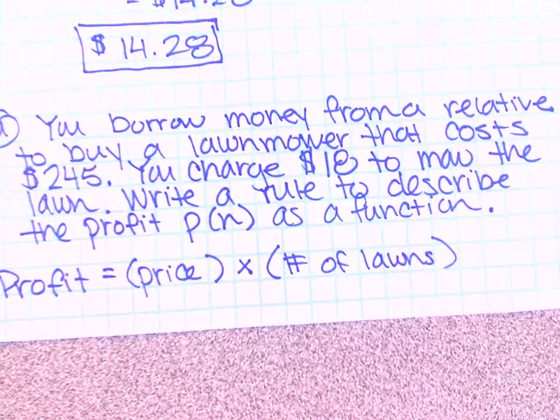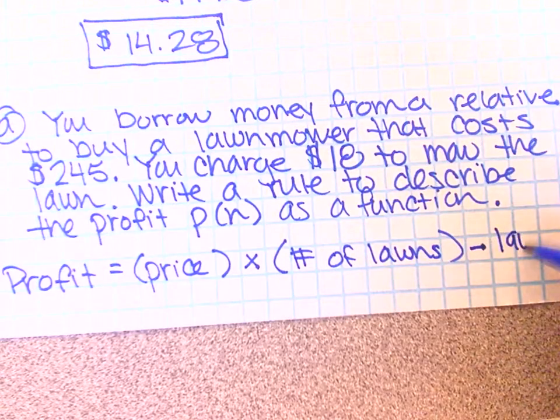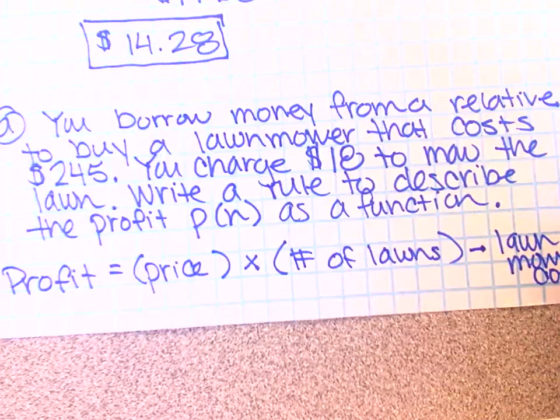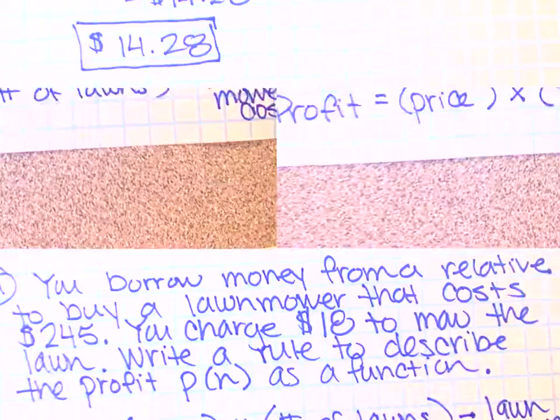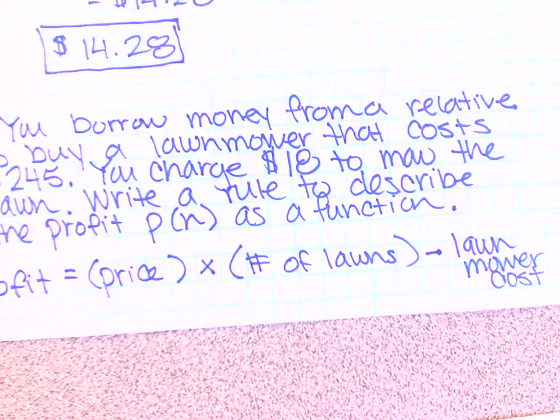So I can do $18 times however many lawns I'm going to mow, minus the $245 I spent on my new lawnmower. So you're going to subtract the lawn mower cost. Profit equals price times the number of lawns minus the lawn mower cost.